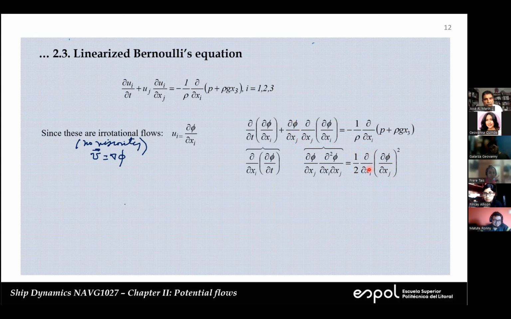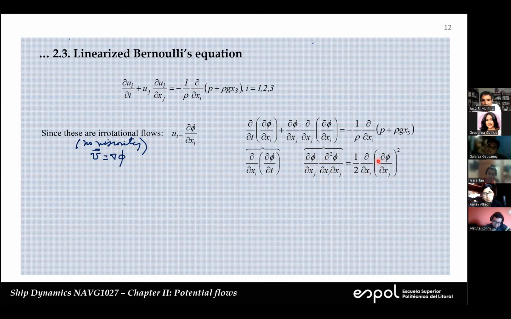If you differentiate this with respect to xi, it is equal to twice, so that cancels with this 1/2, and then twice d phi dxj. And then you have to differentiate this with respect to xi. Then you get exactly the same thing.